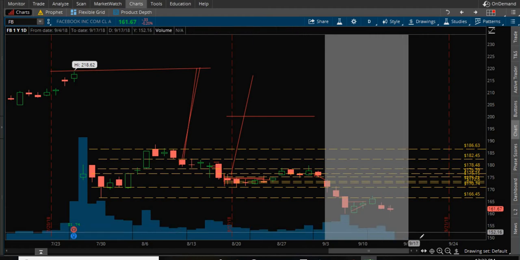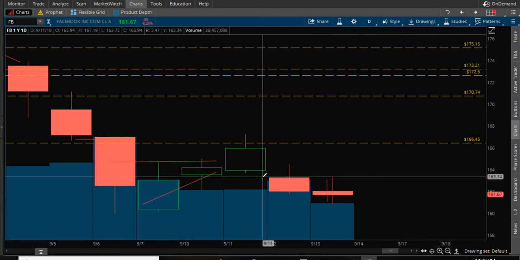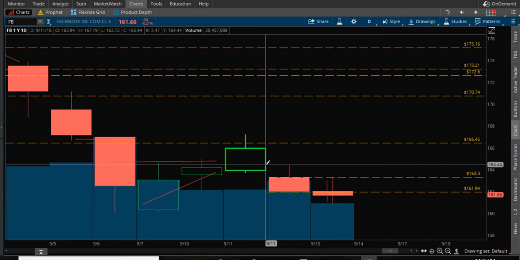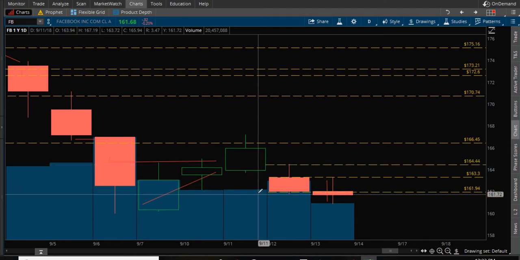Okay, and I'd go from here, the top of the body, to the lower end of the body, and also the top of the wick, the lower end of the wick.